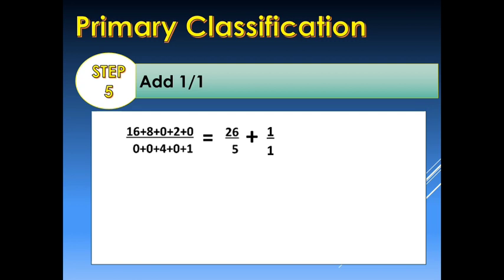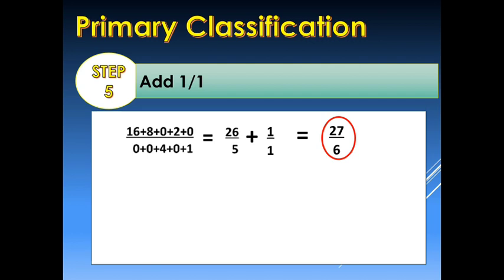Based on our example a while ago, our initial primary classification is 26 over 5. When we add the 1 over 1, our final primary classification will be 27 over 6. So this is our final primary classification.